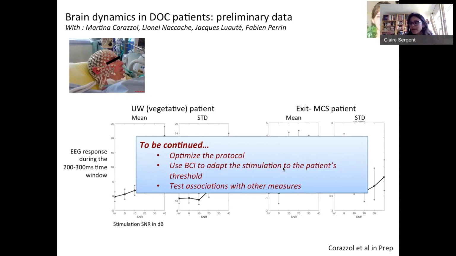And can you imagine analyzing noise in patients where the recordings are already very, very noisy? So we need to optimize the protocol. We'd like to use BCI to adapt the stimulation to the patient's threshold. And obviously, for this exit MCS patient, we might have found exactly the threshold, and obviously test associations between these signatures and other measures that are helpful in patients.